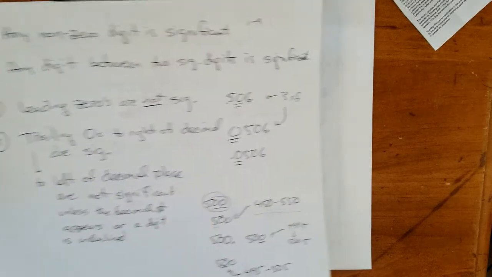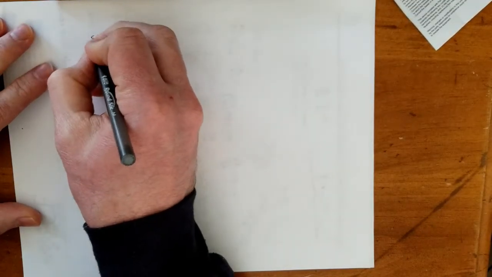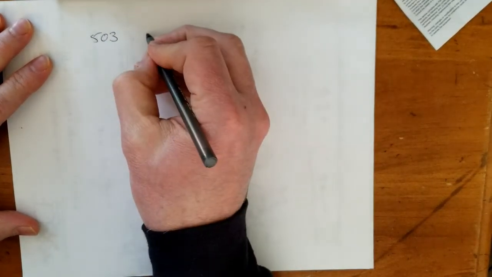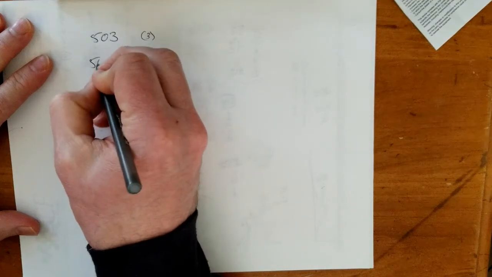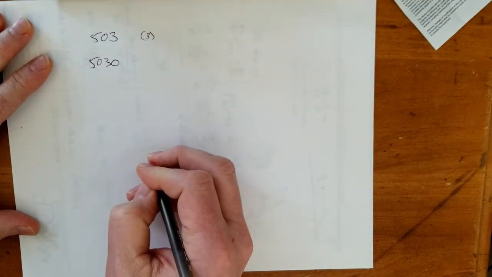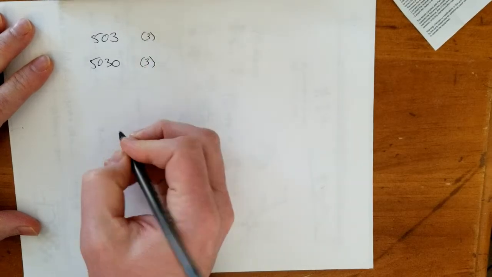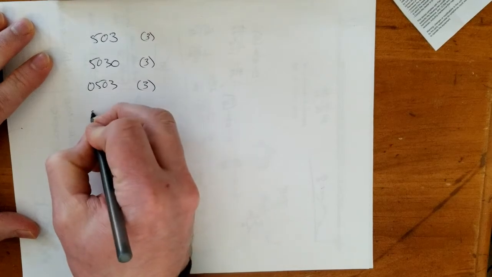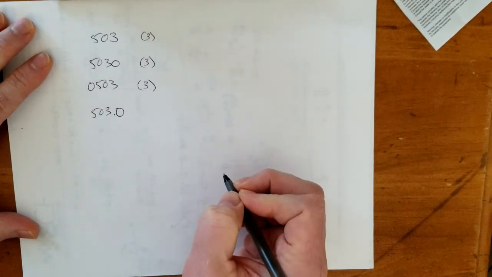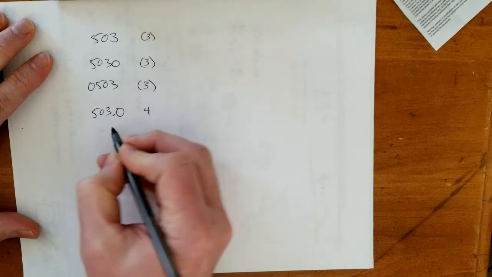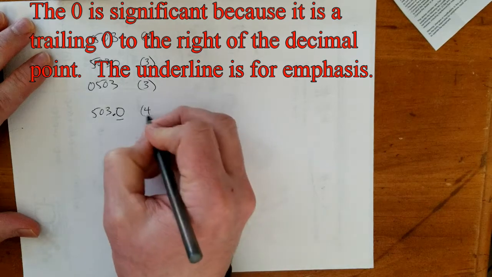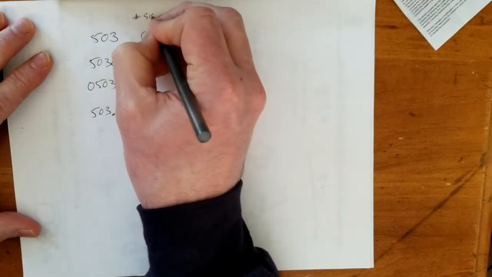So let's just do a couple practice runs here. How many significant digits? Well, that would be 3. How many significant digits? Still 3. Still 3. Four. This is significant. It's a trailing 0 to the right of the decimal point. That's 4.